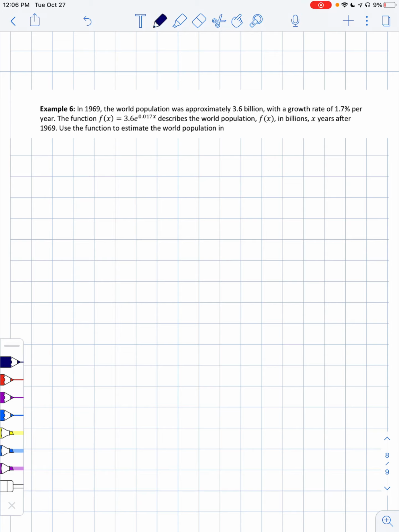So let's again use this function to estimate our world population. Let's do a couple different years. Let's say, first of all, we just want to do 1969. Okay. All right. Well, if x is years after 1969, and we're looking at the year 1969, then we're just going to be plugging in an x value of 0.